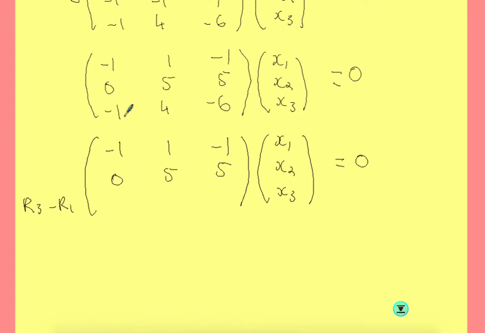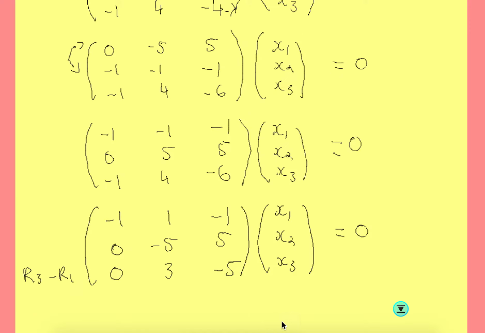So R3 take away R1 would be 0, so that is 0. 4 take away 1 is 3. -6 take away -1 is -5. One of my wee negative ones decided to go missing there, so that one in there should in fact be -1. So that element in there should in fact be 5.